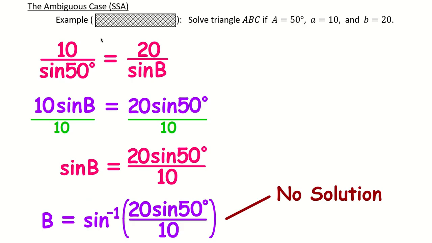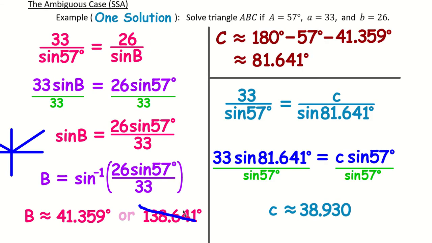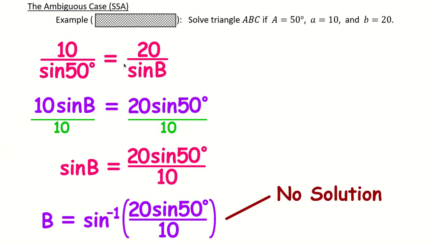So that's what happened here. No solution. If you would have gotten something, you would have had to again consider a second possible angle, from quadrant 2. But you could also get, look, no solution. No solution is possible, because that's what happened here.